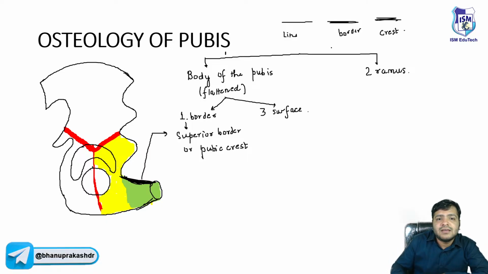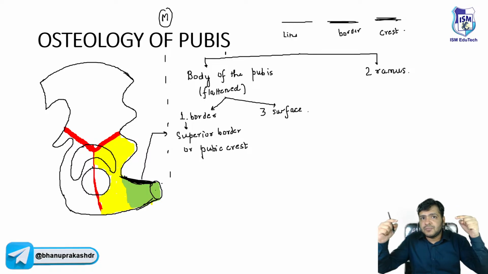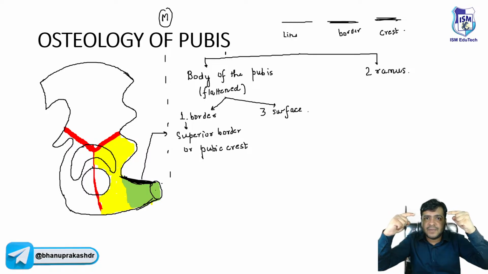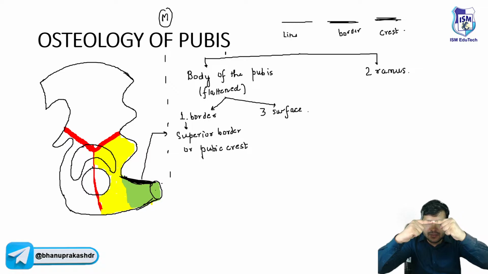अब आपको पता है कि, if you already know that this is the midline of the body, so yeah, this is the midline. You already know the pubic bones from the right and the left part are meeting in the midline.